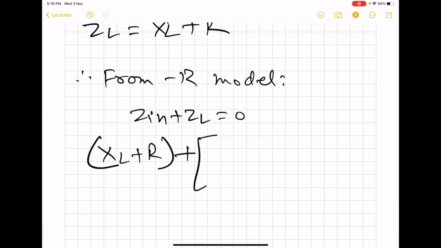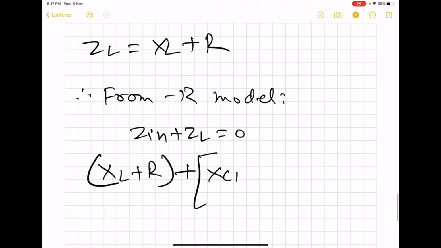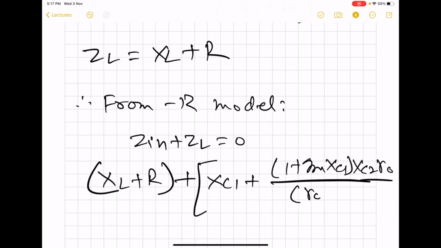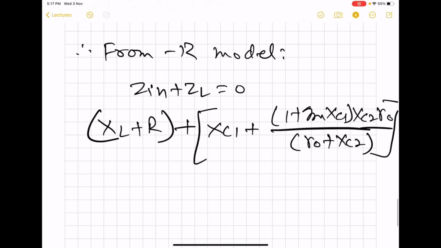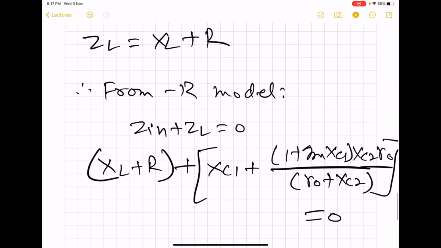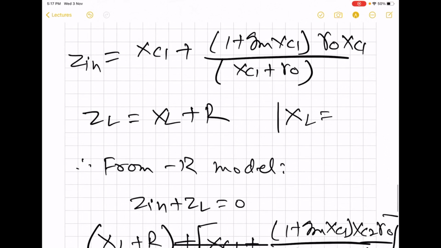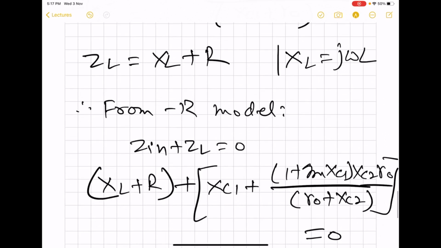Now we can write Zin, which is Xe1 plus 1 plus Gm Xe1 Xe2 R0 divided by R0 plus Xe2. This whole thing is equal to 0. And let me point out that XL is J omega L.